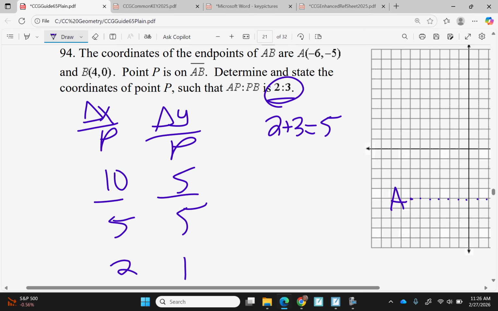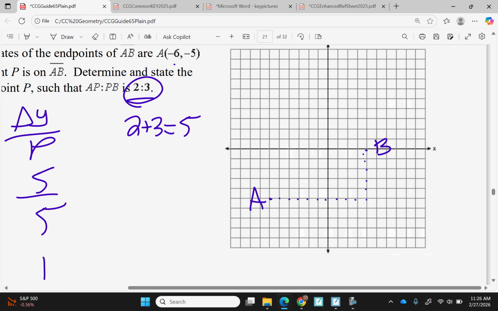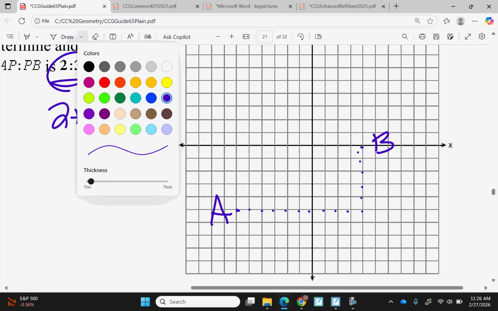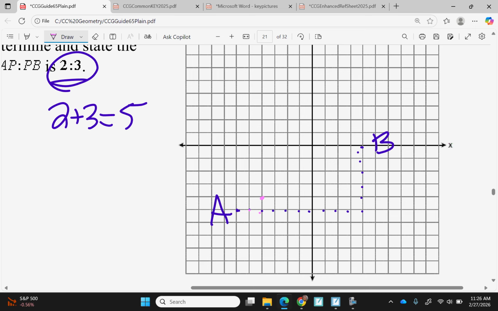So now I'm going to count 2 in the X direction and 1 in the Y direction on the grid. 2 in the X, 1 in the Y, repeating across the grid.